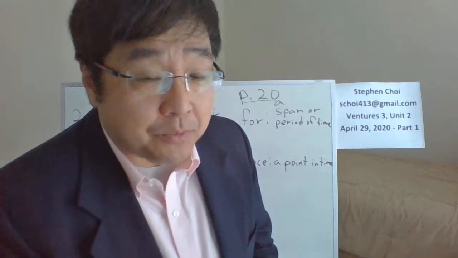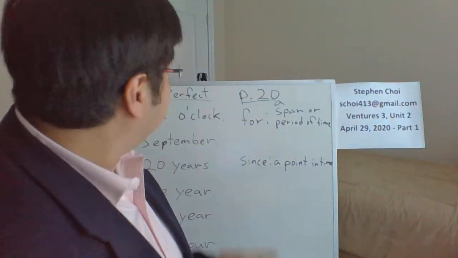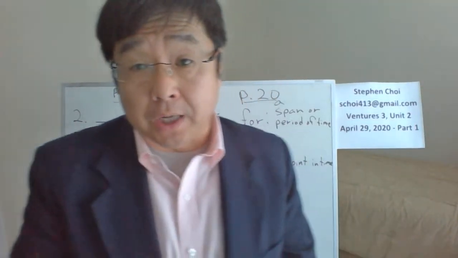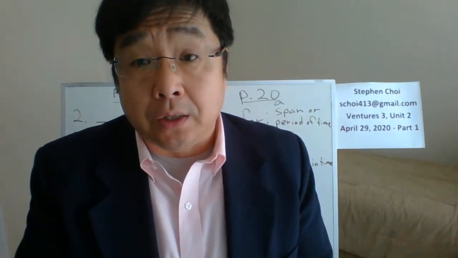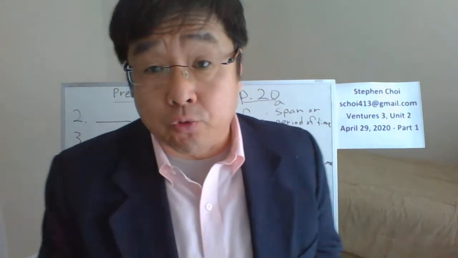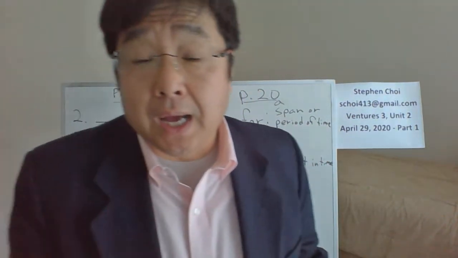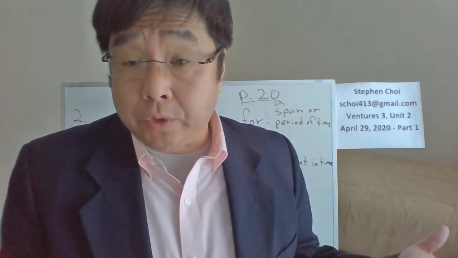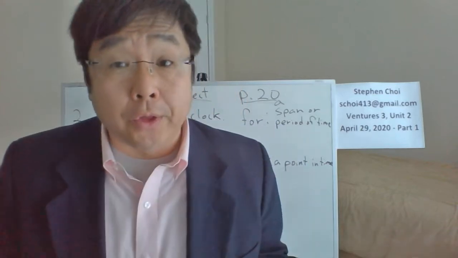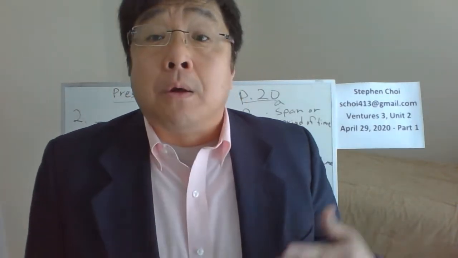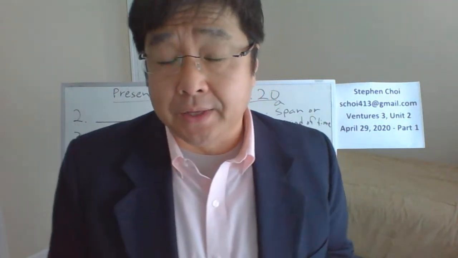Okay, all right. So we're gonna talk about present perfect. I'm gonna continue to talk about that. We're gonna do some exercises actually. But as I've mentioned on Monday, the 27th videos, the main difference between simple past and present perfect is that although they're both past ideas, simple past we use with specific time reference, and present perfect we use with non-specific time reference.